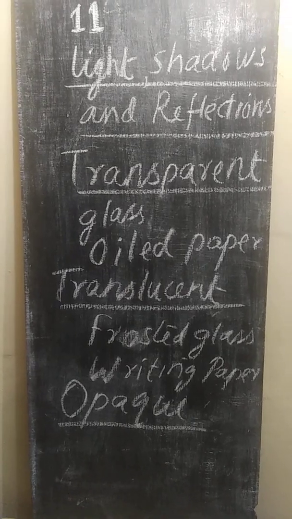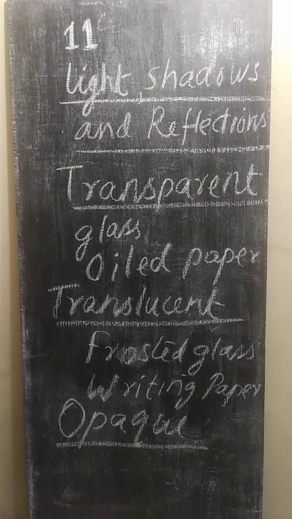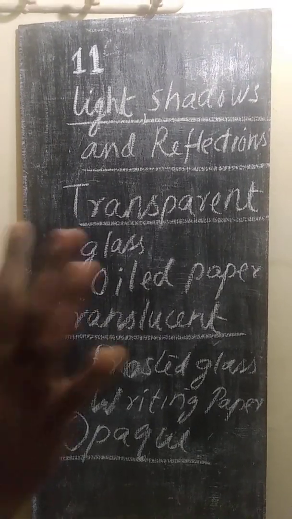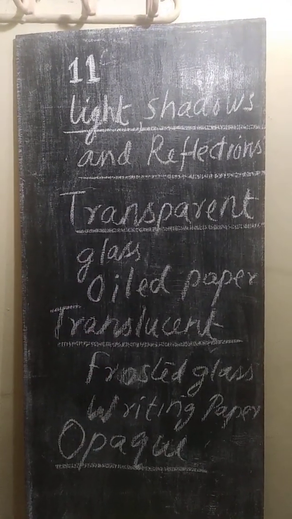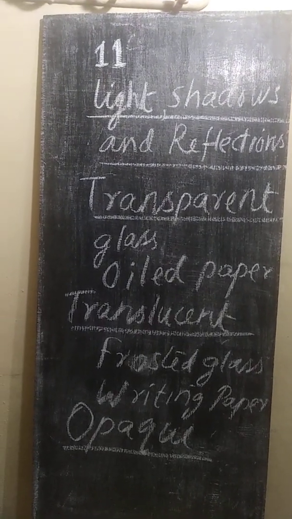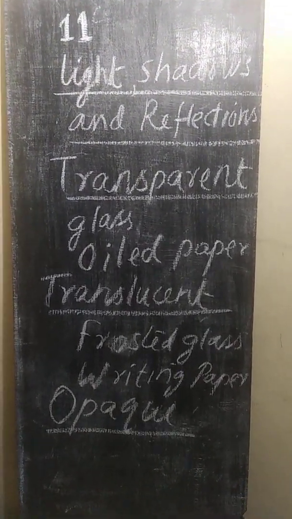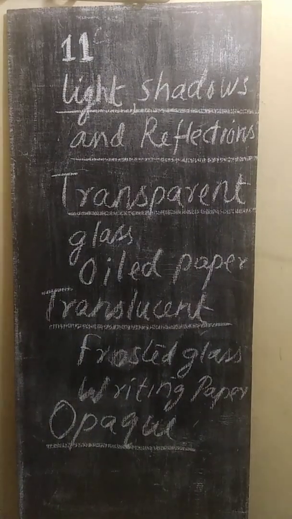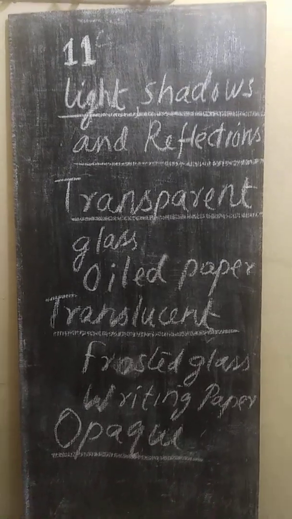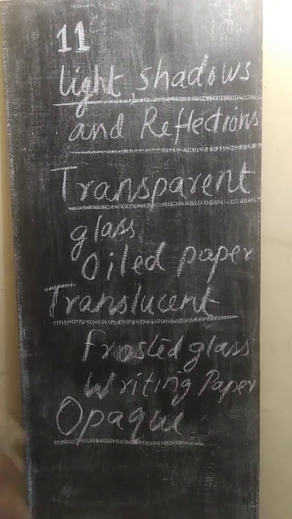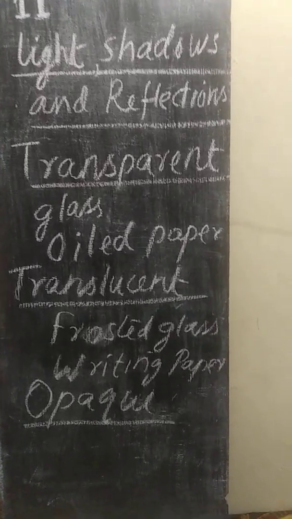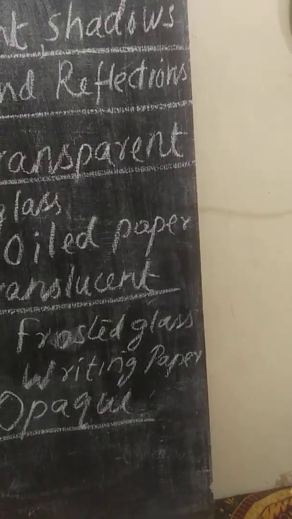Suppose we place a ball in front of a torch light, the ball can completely block the light of the torch, and instead it can produce some shadow. So an opaque object is a material which does not allow any light to pass through, or they completely block the light, and through the opaque material we cannot see other things.